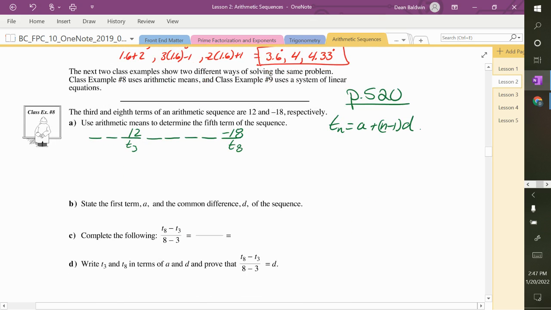So basically what you do, some of you could probably figure it out, is you're going to take T8 and you're going to subtract T3. So you're going to find the difference between these two terms that you know. Okay?